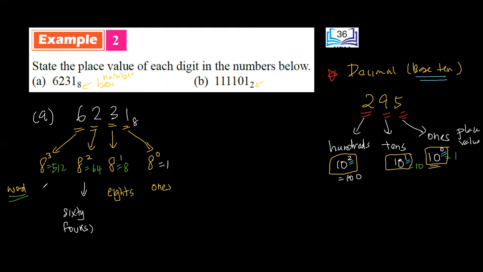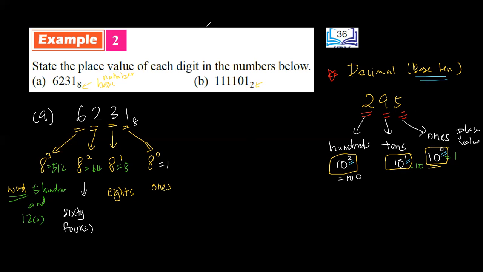So when we express in words, we will just say 512. If we really have to express in words like the decimal system, we call it ones, tens, hundreds, because this place represents that value. Therefore, we call it the place value.